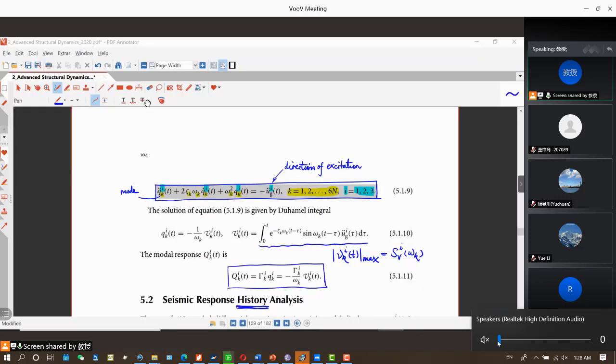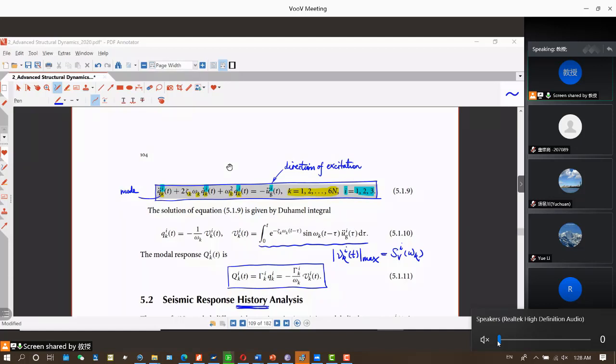Now, if we solve this equation using the numerical integration for a given ground motion, okay, we can numerically integrate this equation to obtain y and t.